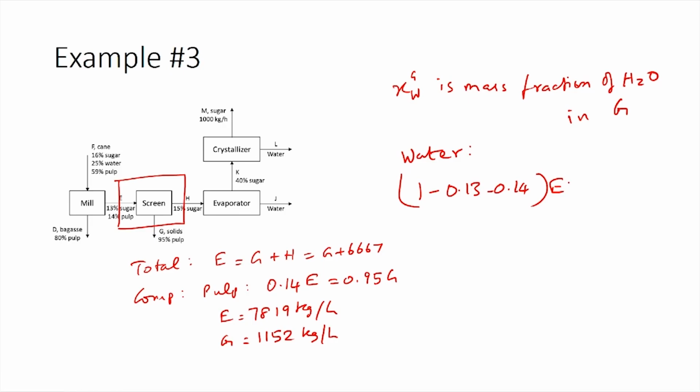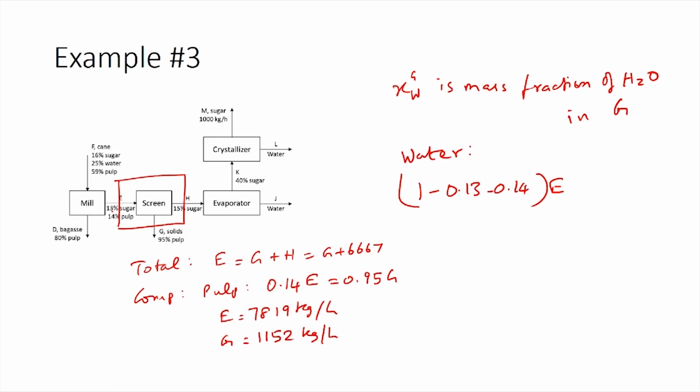We know that the total mass fraction for any mixture would be 1, and in the mixture which is entering the screen, which is E, you have 0.13 or 13% sugar and you have 14% pulp, which is 0.14. So, the mass fraction of water would be 1 minus 0.13 minus 0.14 times E, which is your mass flow rate for the stream entering the screen.